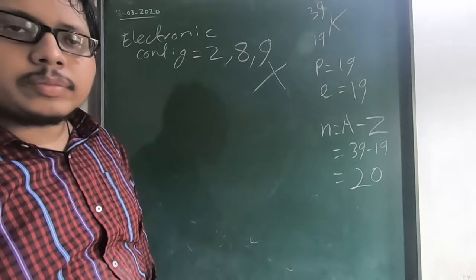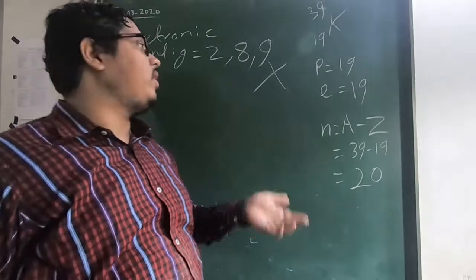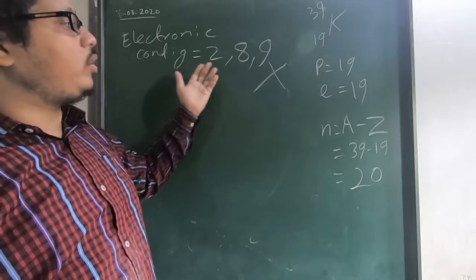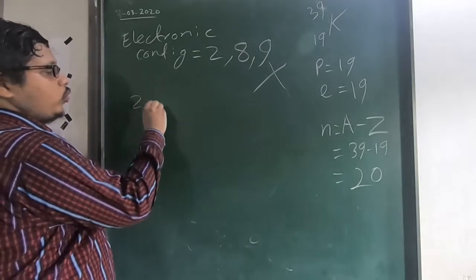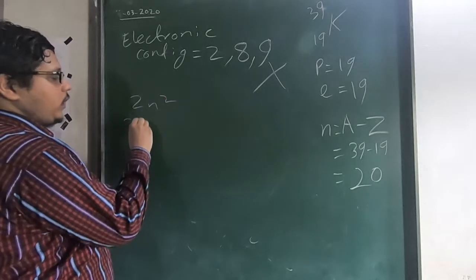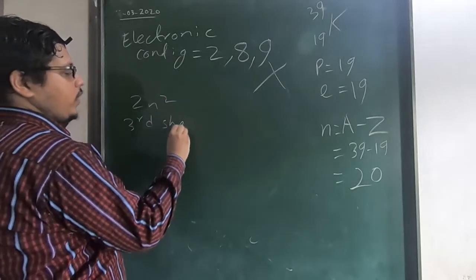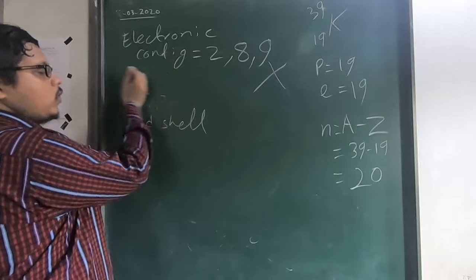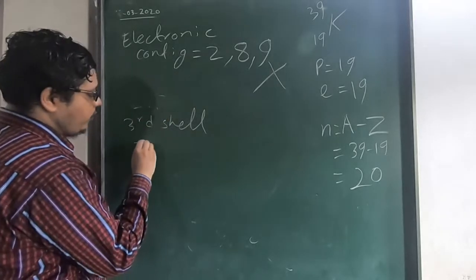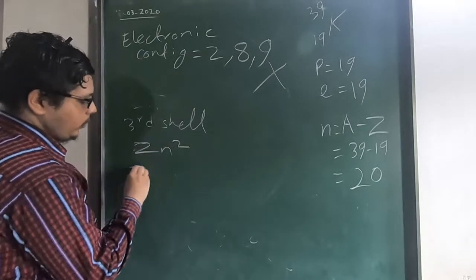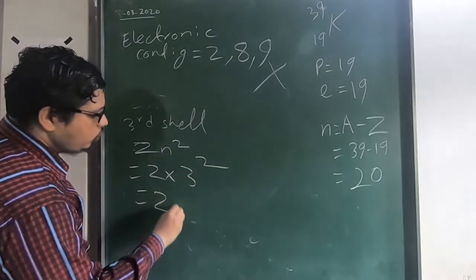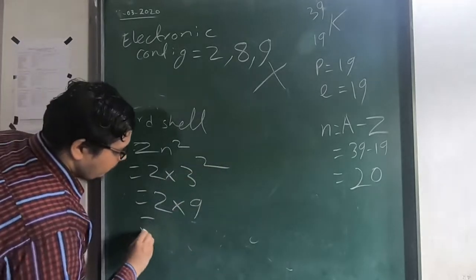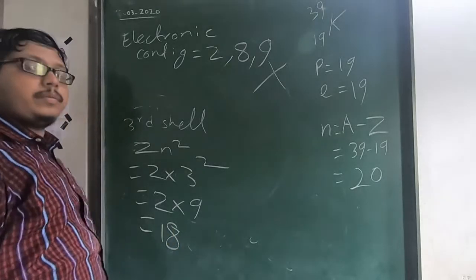Why not? Because you may say, sir, what is the maximum capacity of the third shell? If you remember, the 2n square rule for the third shell: 2 into 3 square, 2 into 9, that means 18.